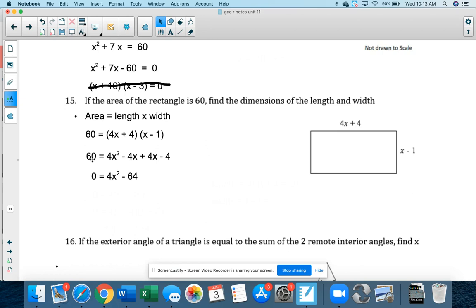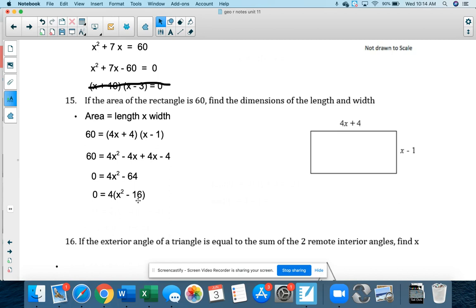So this is 0 because I subtract 60, and I have 4x squared. These cancel out right here. And then I subtracted 60, negative 64. Now, there's a greatest common factor, and that greatest common factor is 4. So I factor out a 4, and I'm left with x squared minus 16. Now, this is the difference of two perfect squares.